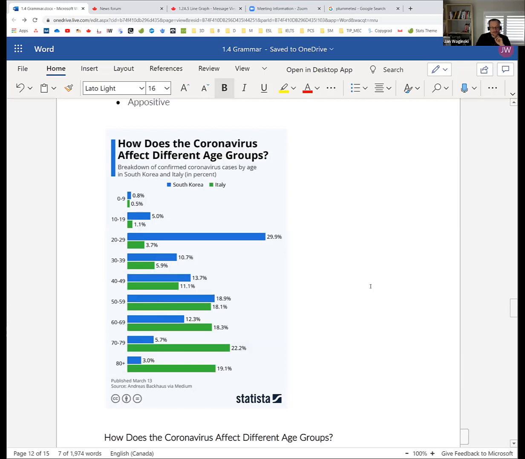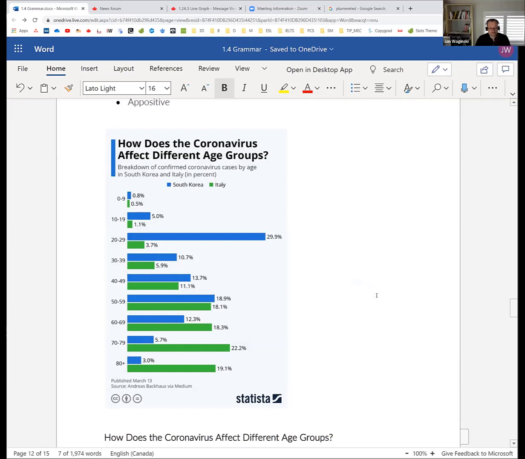Does anyone have another? Go ahead. Generally speaking, the number of cases in South Korea has reached the highest percent in the age below 60 years old.